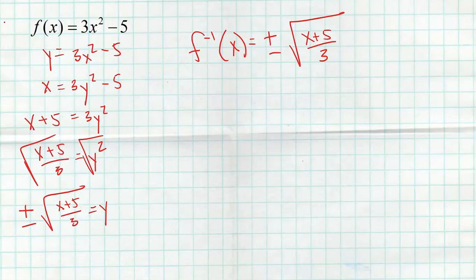But wait a minute. Is this truly a function? Well, if I plug in a value for x, I add 5, I divide by 3, but I have that plus and minus, which means I actually have 2 answers. So I plugged in a value for x, but out came a positive square root and out came a negative square root. Well, you can't have 2 outputs.